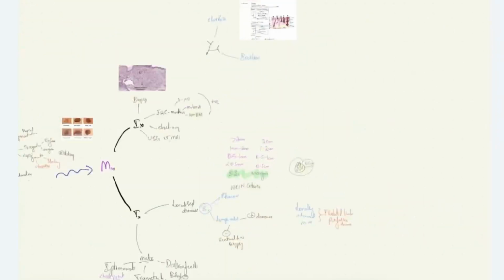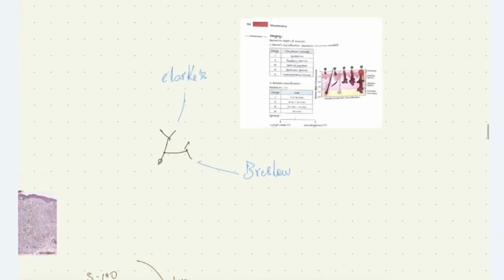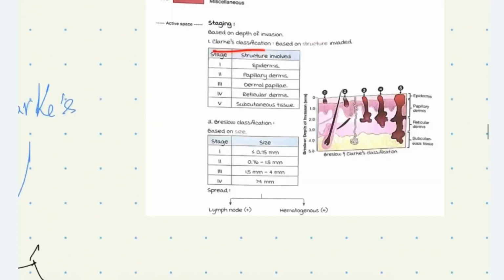Before we continue, let's see the staging of malignant melanoma. We have Clark's staging and Breslow's staging. Clark's classification or staging is based on depth of involvement of the structures. It is stage 1 if the melanocytes only involve epidermis.